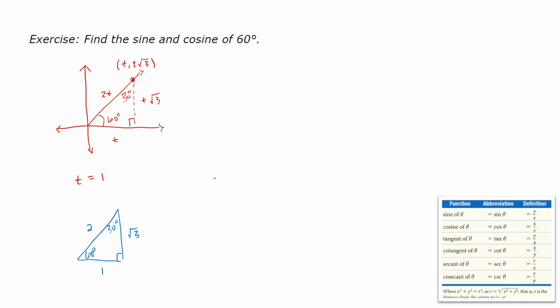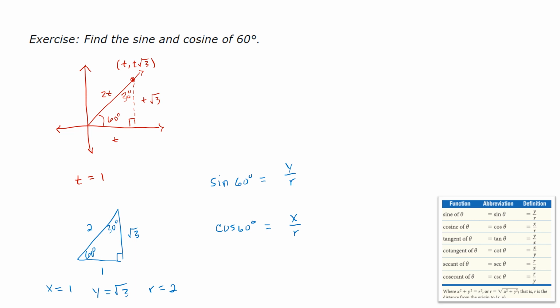And we're asked to find the sine of 60 degrees and the cosine of 60 degrees. Well, we know sine, according to our chart here, is y over r, and cosine is x over r. So, from our triangle here in blue, we know that our x is going to be 1, our y is going to be the square root of 3, and our r is going to be 2.